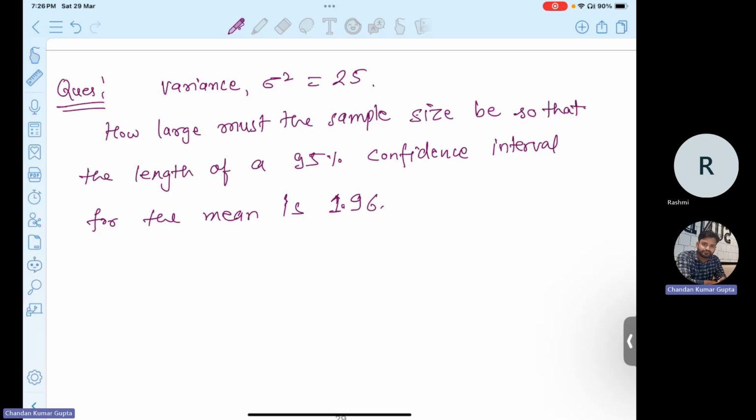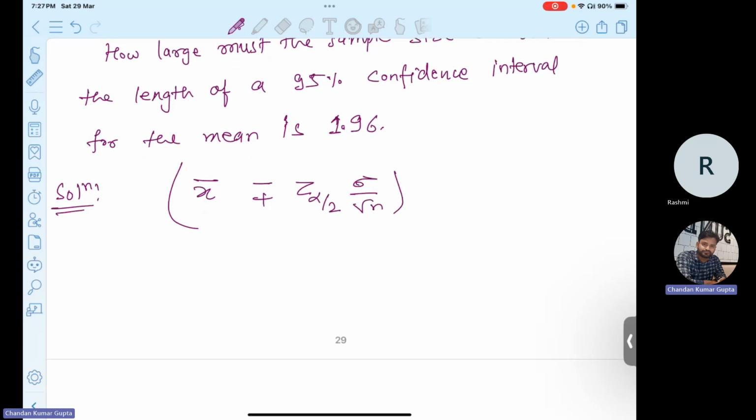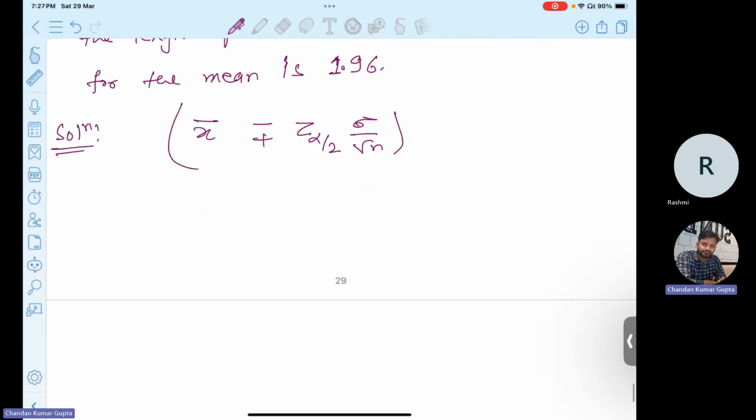So we know that the interval is x bar, minus plus z alpha by 2 times sigma by root n. These are already given. We are given the length of the CI. How can we calculate the length?